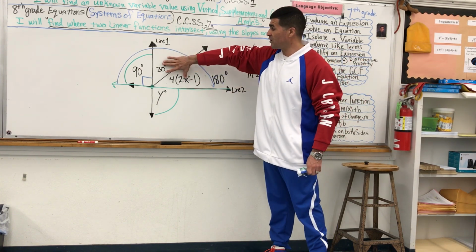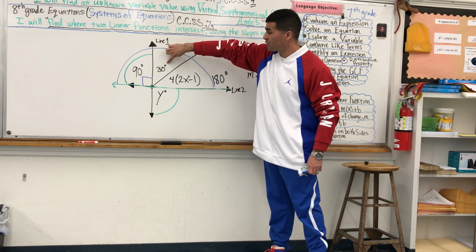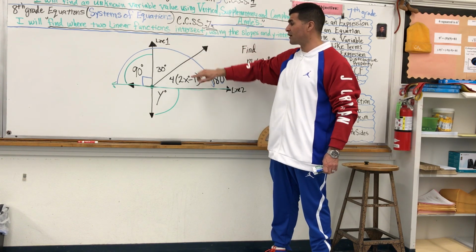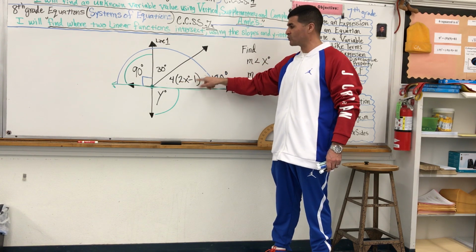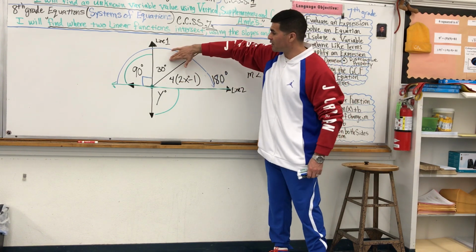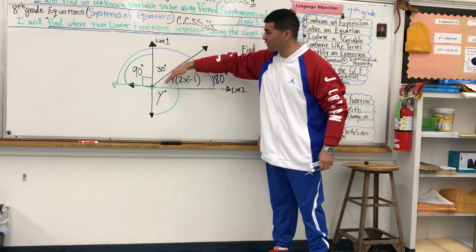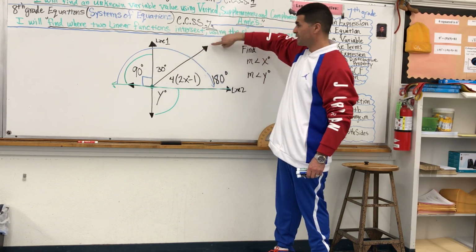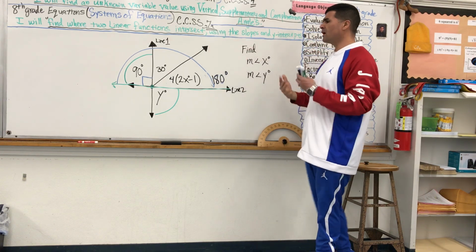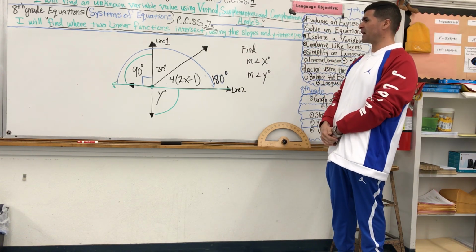So right here we have an angle of 30 degrees, and we have another angle, but it says that it's 4 times the quantity 2x minus 1. And these two angles are next to each other, and they share the same line segment right here that I'm pointing to. That's about everything we know about this diagram.